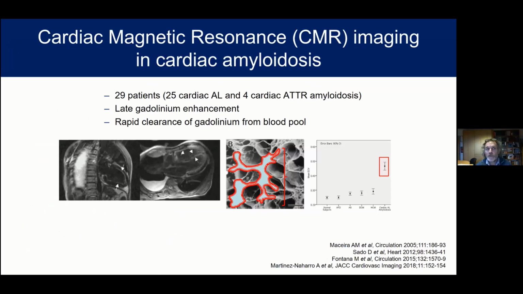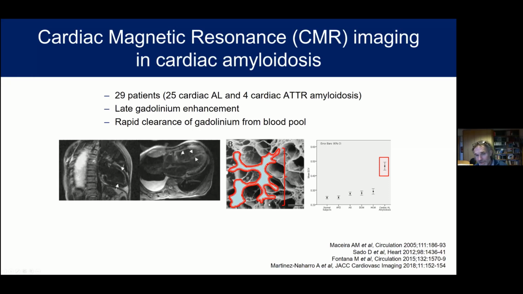So what else has made a difference in terms of early diagnosis? Well, some 15 years ago, we performed a study in 29 patients with cardiac amyloidosis in collaboration with Dudley Pennell at the Royal Brompton Hospital. And what we found is that you get this very, very characteristic picture on cardiac MRI with gadolinium of delayed gadolinium enhancement. And the reason for that is very straightforward.